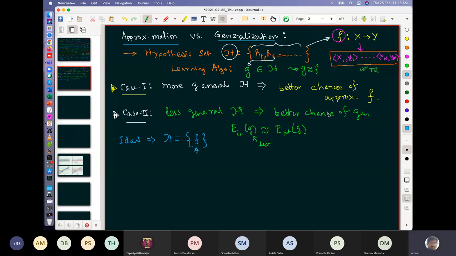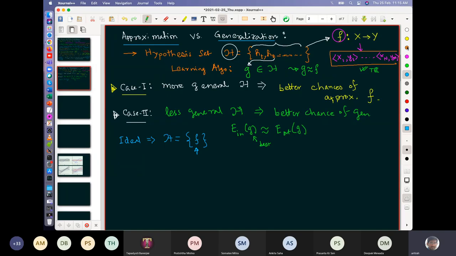Not only does the power of the hypothesis set matter in the trade-off, it is also how you exploit the search space of the hypothesis set and extract a hypothesis which is good.